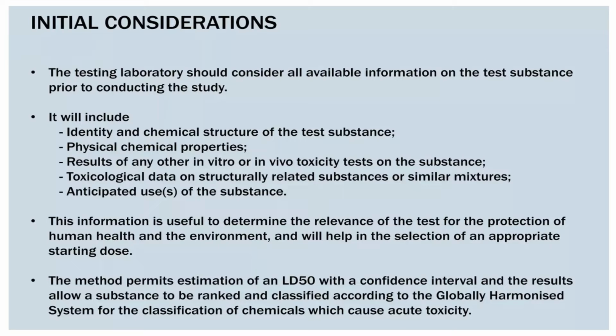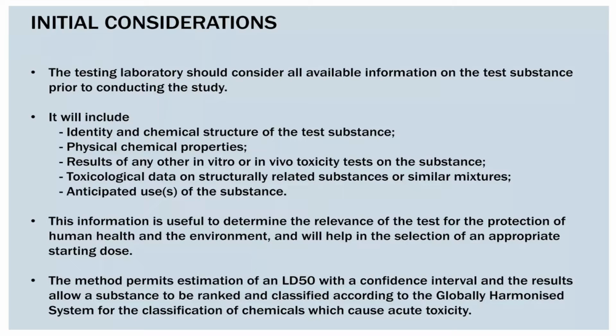The method permits estimation of LD50 with a confidence interval, and the result allows the substance to be ranked and classified according to the Globally Harmonized System for the classification of chemicals which cause acute toxicity. It means by calculating LD50 by this method, we can decide the confidence interval level between two doses, and we can easily characterize our drug according to its physicochemical properties.